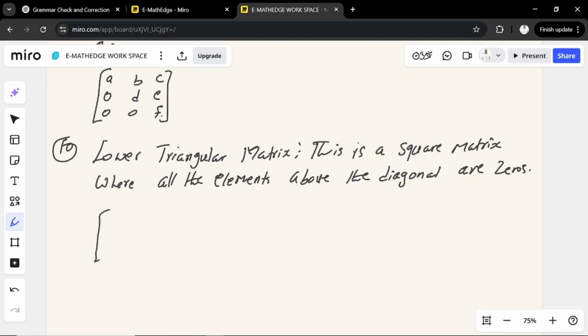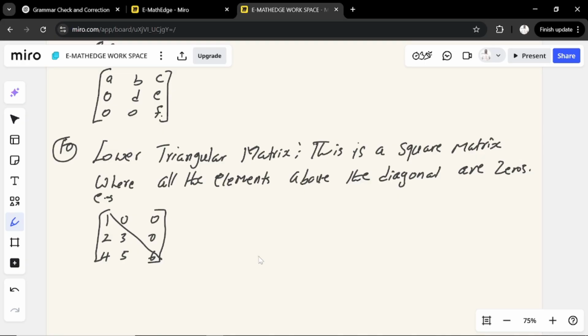So let's bring out a square matrix, e.g., such that we are going to have, let's say, 1, 0, 0. We have 2, 3, 0. We have 4, 5, and 6. Now, here is the diagonal. This is the diagonal.